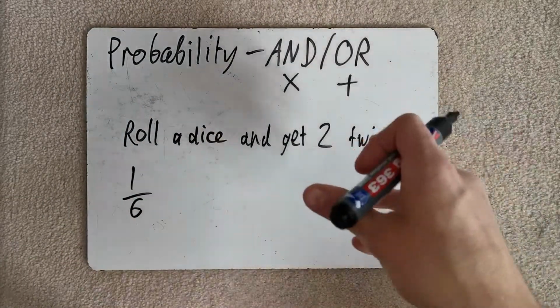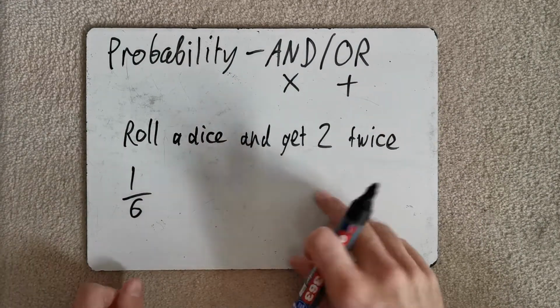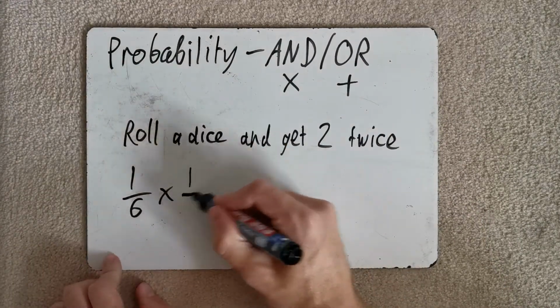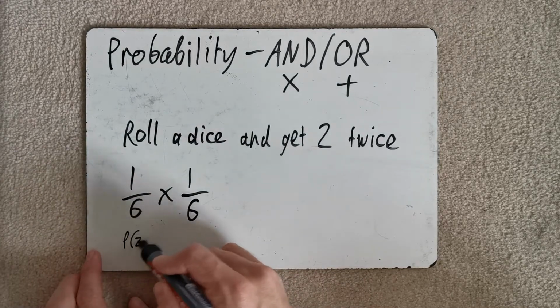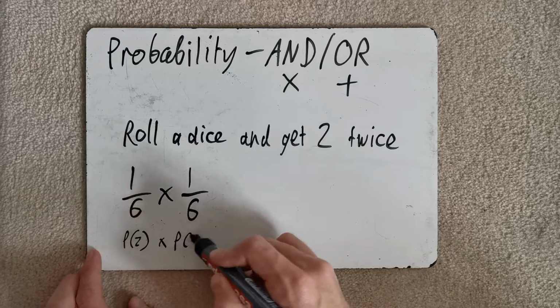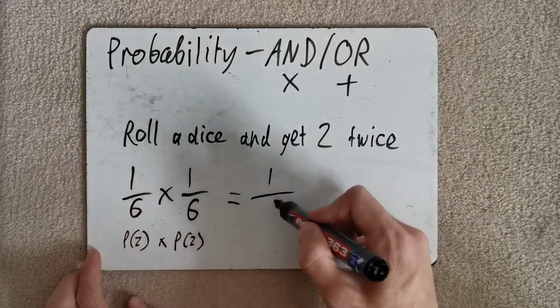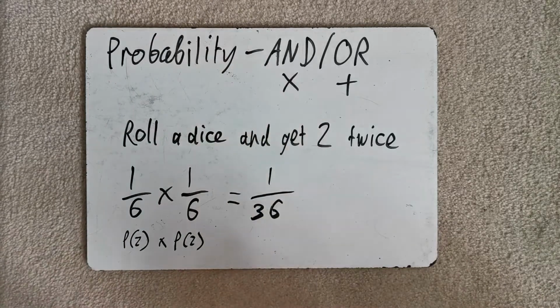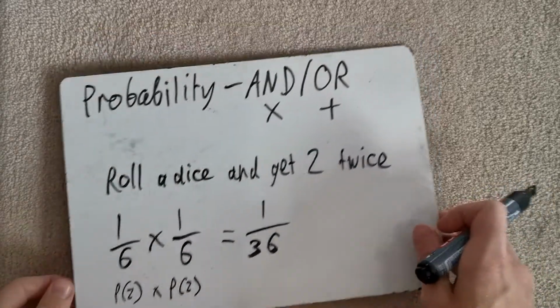If we were to roll it again, and for it to come out as a 2 once more, we would have to multiply the probabilities. So rolling a 2 is the probability of rolling a 2 times by the probability of rolling a 2. 1 times 1 is 1. 6 times 6 is 36. Okay? So that is the very, very basics of the AND rule.